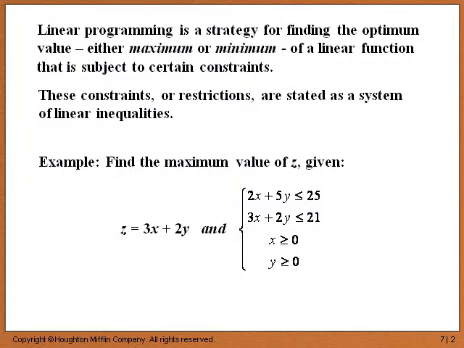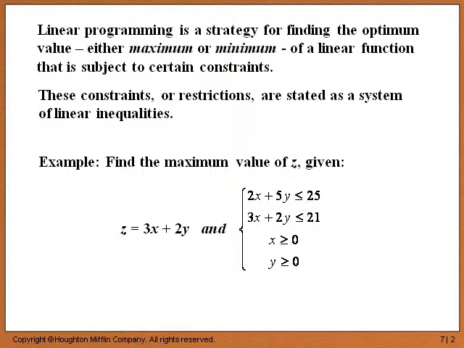3x plus 2y, for example, could be a function for profit of a certain business, and we're trying to find the maximum profit, z. And that maximum profit is subject to certain constraints. They could be restraints of cost, how much you are able to spend.